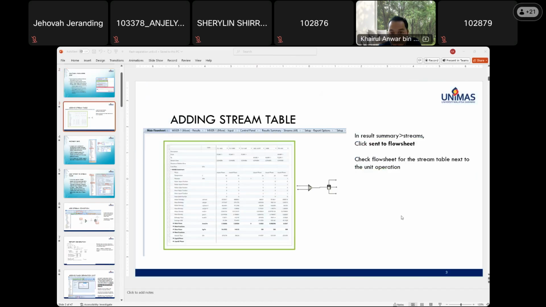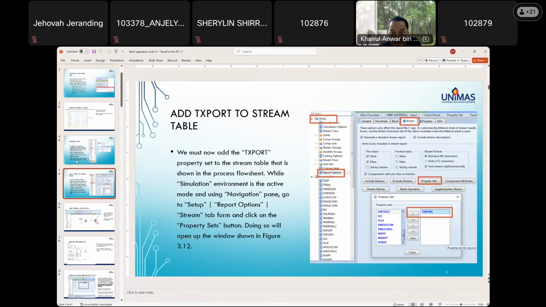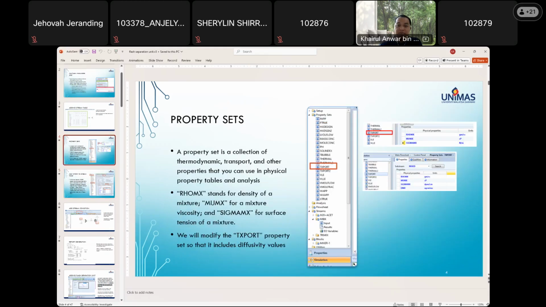So next, I'm not sure if you can start with adding the stream table since this thing is gone now. We also have the export to create the property set.